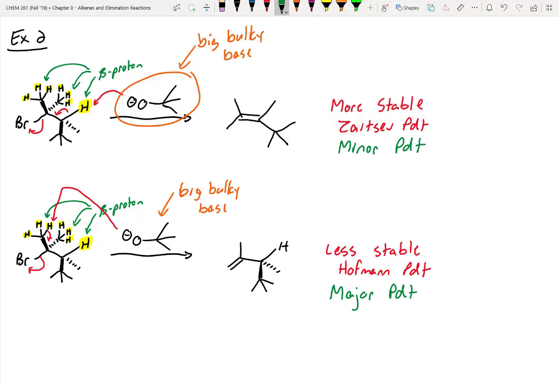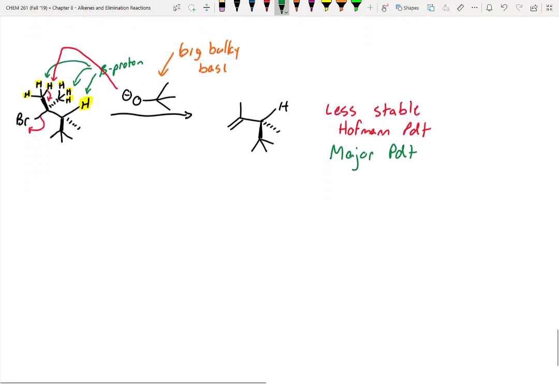It's a little bit weird to think about, right? The only thing that changed in this situation was which one's major and which one's minor, depending on the size of the base. It's not that you won't get the other one, it's just you'll get less of the other one, depending on the size of the base that you use. So let's make a note.